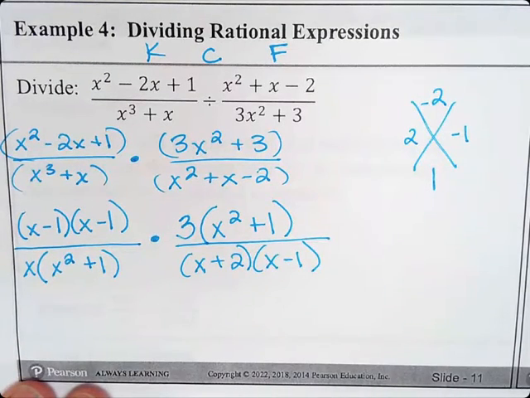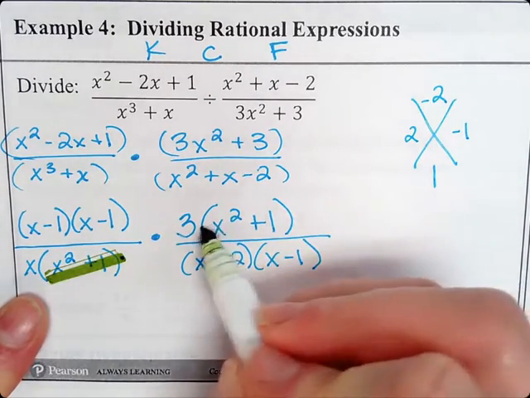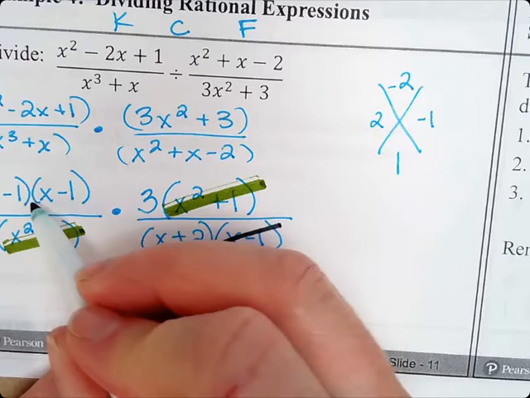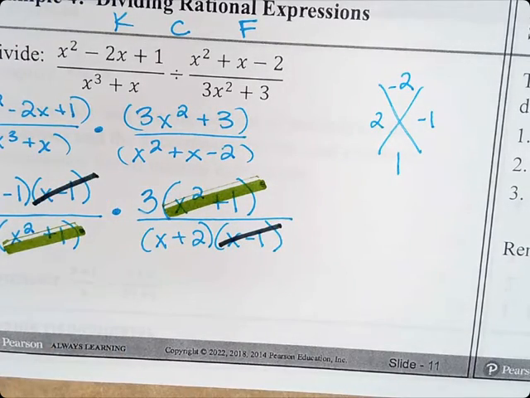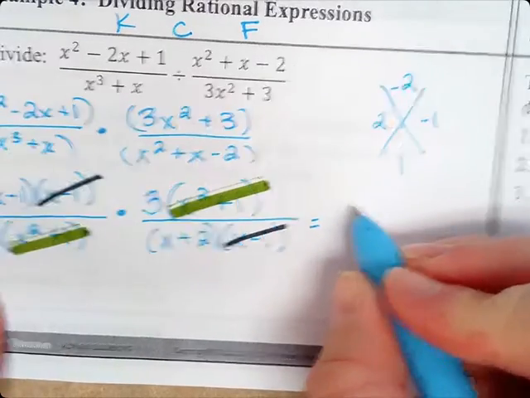All right, so now we can simplify by finding our common factors that are in numerator and denominator. So this x squared plus 1, those are common. And then x minus 1. So on top, let's go ahead and put the number out front.